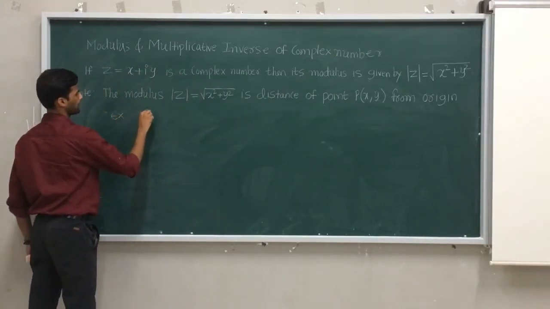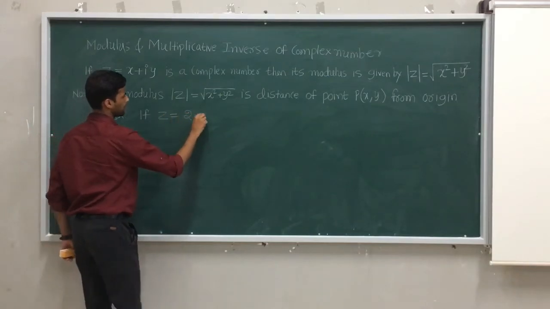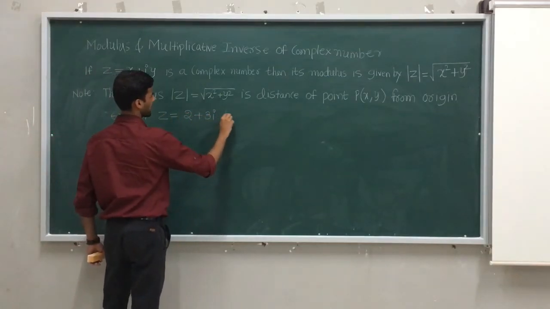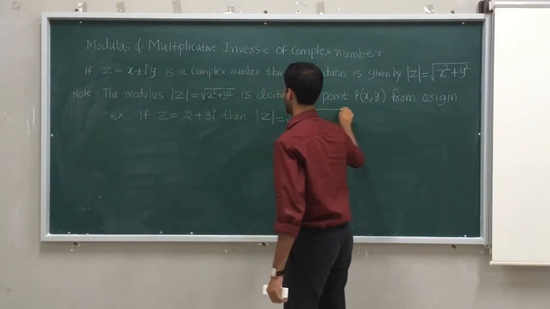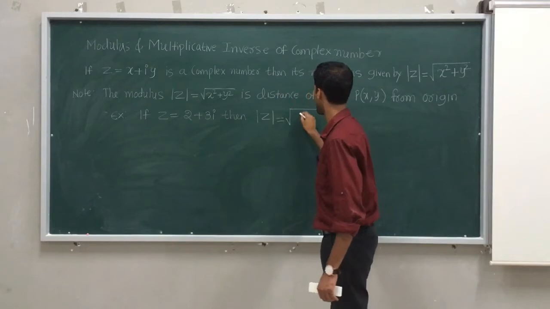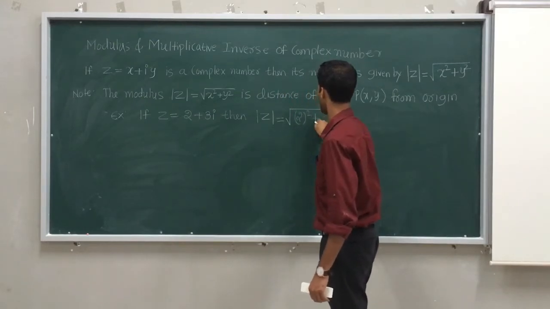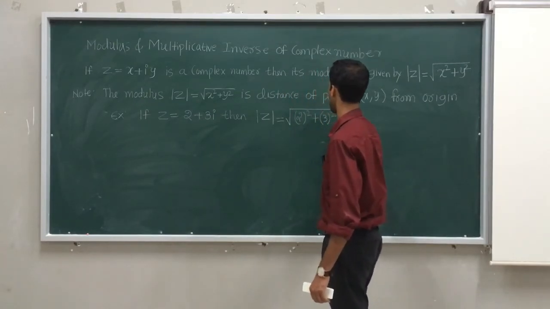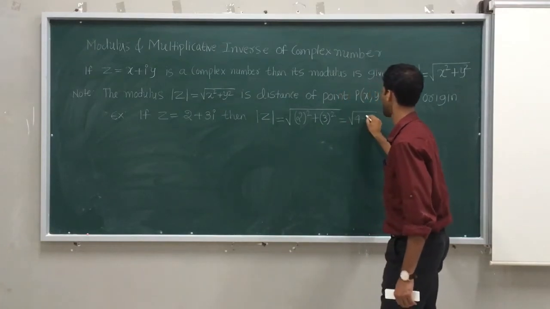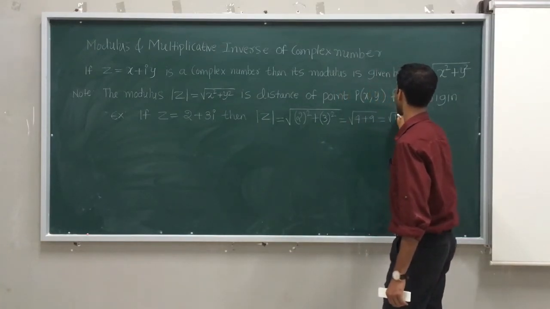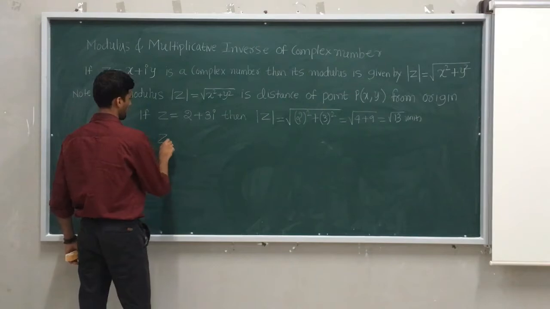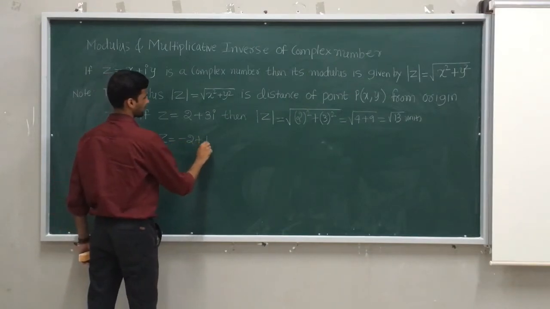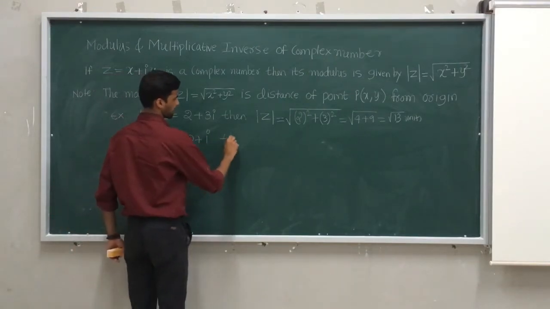Example: if z equal to 2 plus 3i, then what is mod z? It looks like x plus iy, so it is nothing but the square root of 2 square plus 3 square, which is 4 plus 9, that is root 13, or you may write root 13 units. If anyone asks you the question minus 2 plus i, then what is mod z?